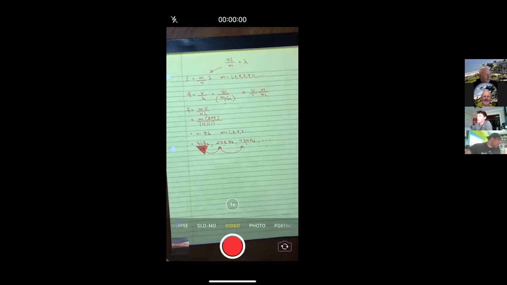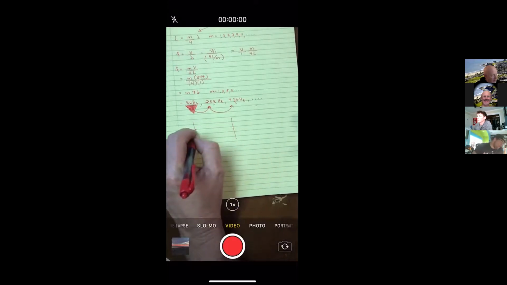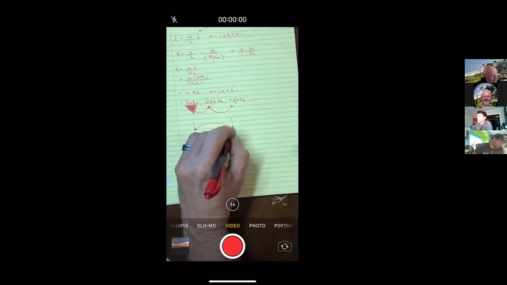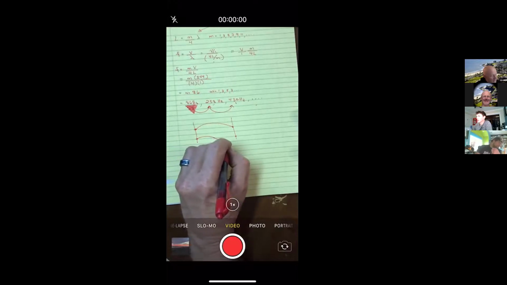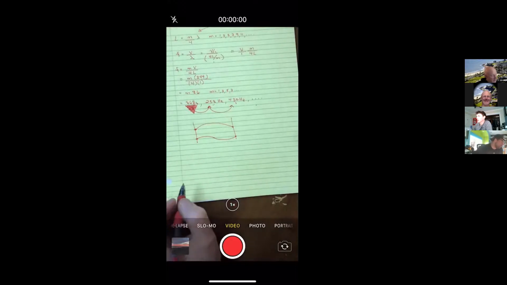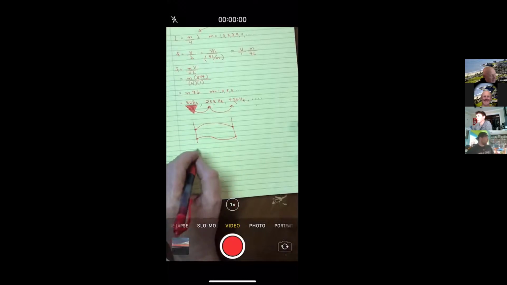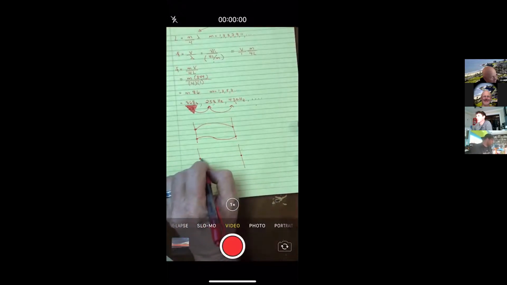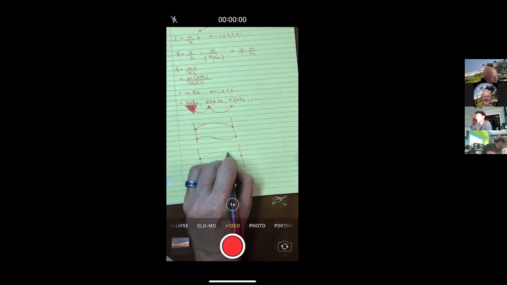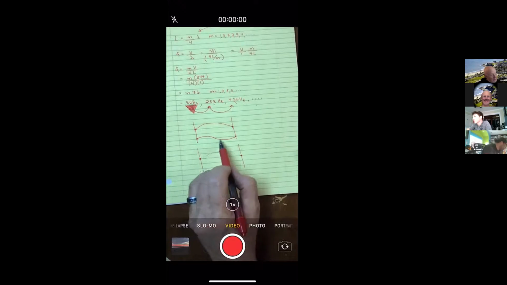That's true too. But even when you pluck it, let's see if I can show this on the video. If I took a string and the first harmonic looked like this, and the second harmonic wasn't as big, might look like this. I'm trying to say that these two are happening at the same time. So if you could take a photograph of the string, it wouldn't really look like this, and it wouldn't really look like the second harmonic.